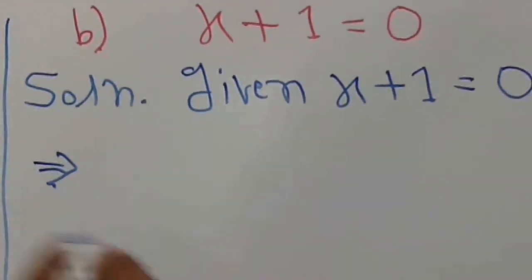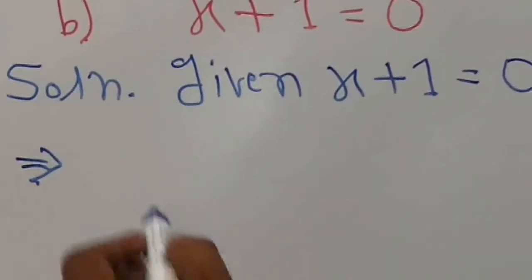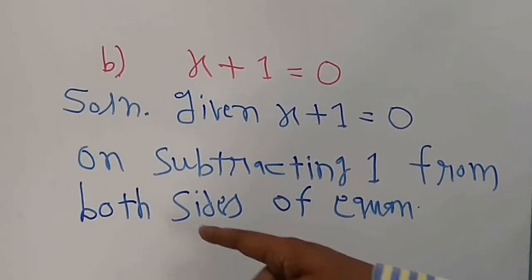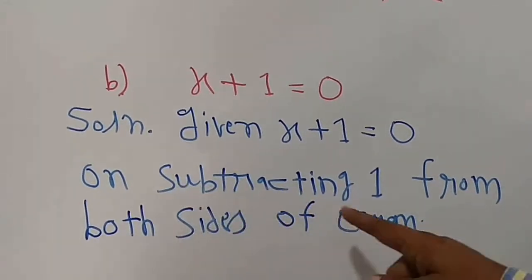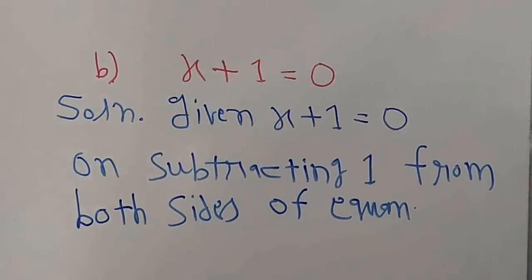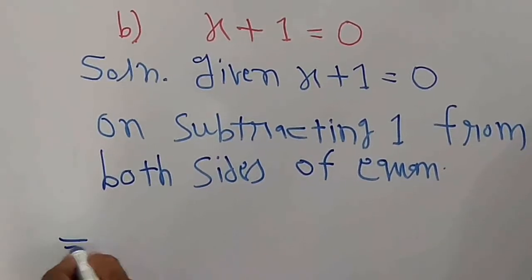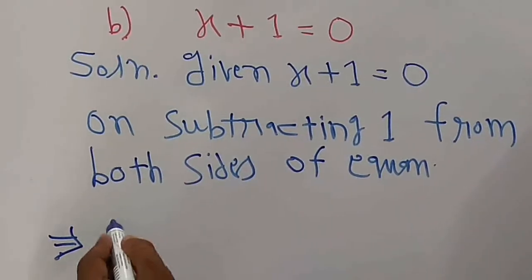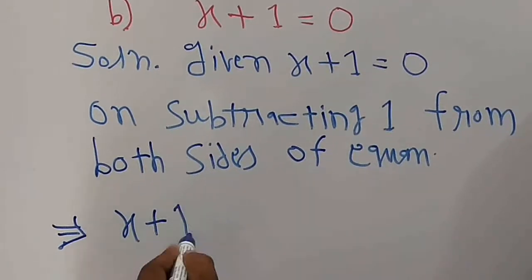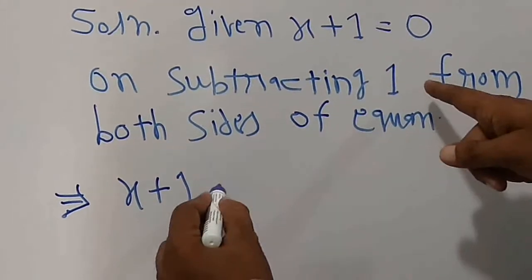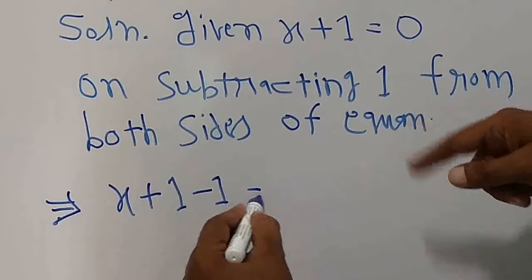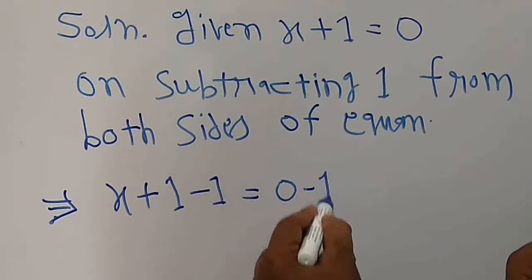How we write this? On subtracting 1 from both sides of equation. So the equation looks like this. It is x plus 1, and subtracting 1 means minus 1 is equal to 0 minus 1.